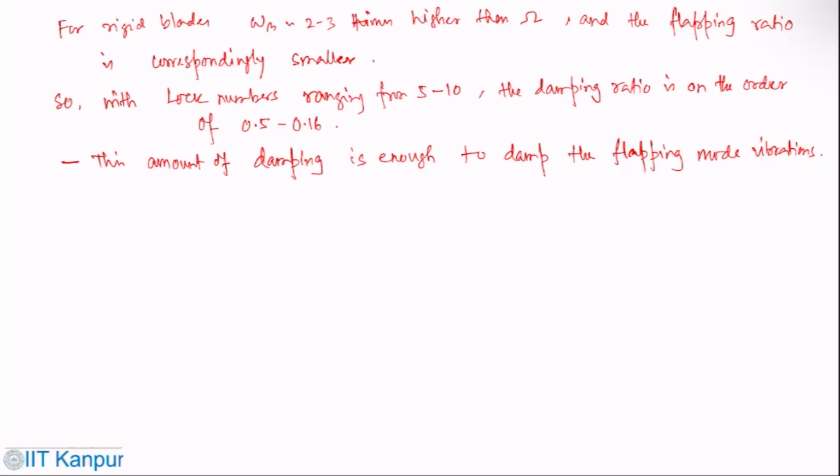So another thing to be noted here is that the details of lead lag motions are not discussed or considered in detail. But one can note that the full development of the lead lag equation of motion shows no aerodynamic damping.